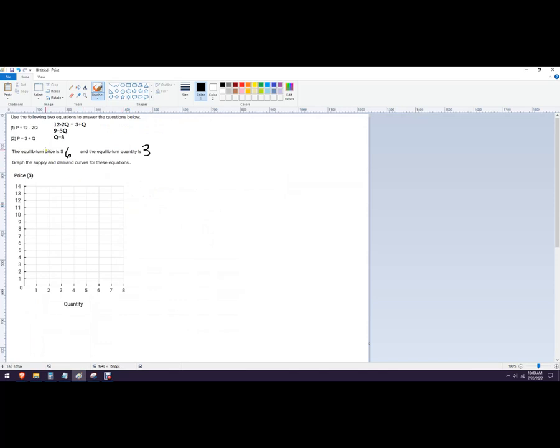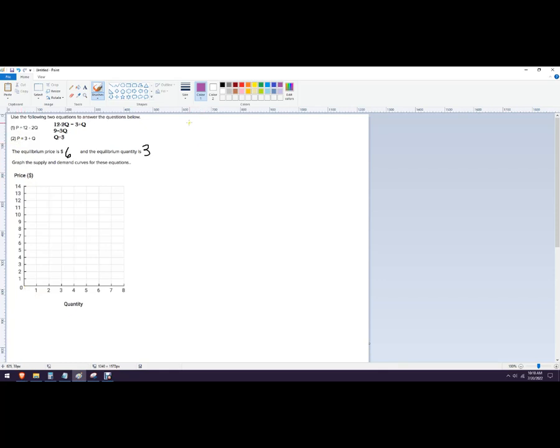Okay, now it wants us to graph these. What we really need to know is where the intercepts are. Do the supply curve first, and let's put in a price of 0, because price is always on the y-axis and quantity is always on the x-axis. If the price is 0, how many would they produce?